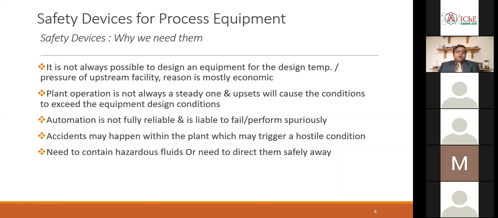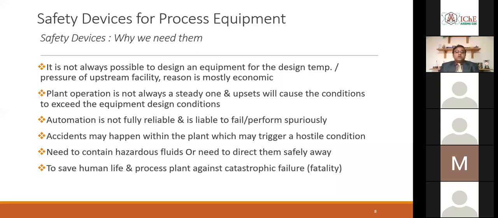So we need some safety devices through which we will contain the hazardous hydrocarbons or hazardous fluids, liquid or gases, and safely dispose of them. And finally, to save human life and process plant against catastrophic failure.